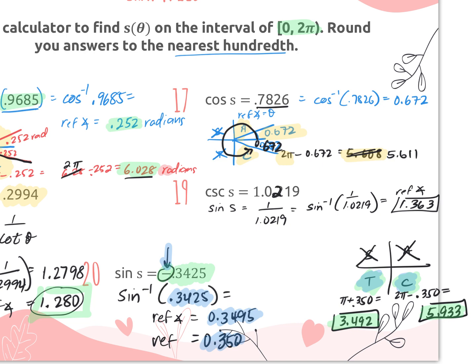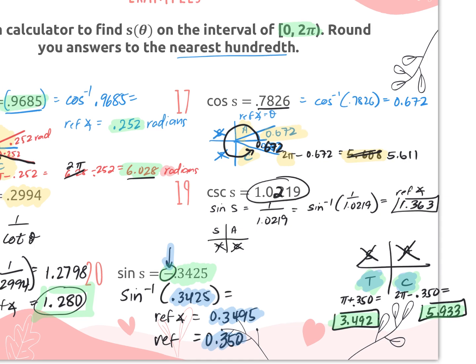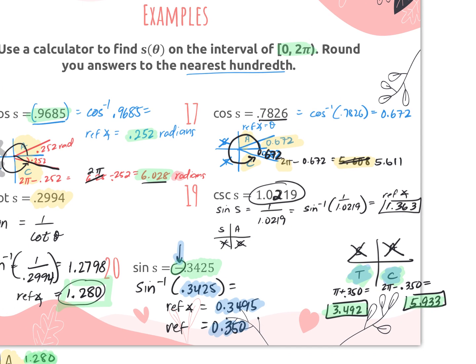So this is my reference angle. Now I think about in what quadrants is my cosecant positive. And I know that my cosecant goes with my sine, and my sine is positive in quadrants 1 and 2. In quadrants 3 and 4, my sine and my cosecant are negative. So I'm going to identify my angles using the formulas for quadrants 1 and 2.